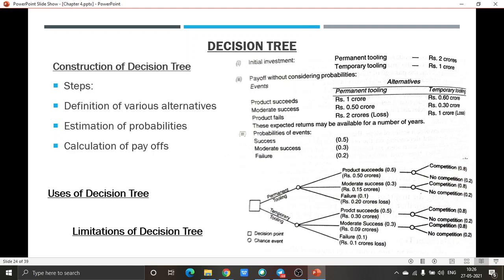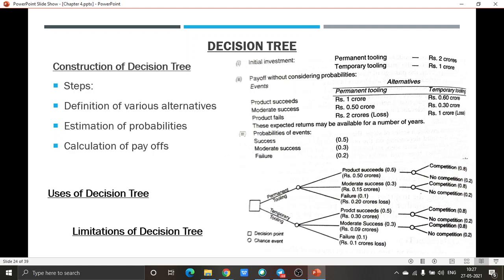Now, the total payoff of each alternative will be the basis for decision. In the same case, the total payoff, be with me when I tell this, for permanent tooling is rupees 45 lakh per annum, while that for temporary tooling shall be 29 lakh per annum.